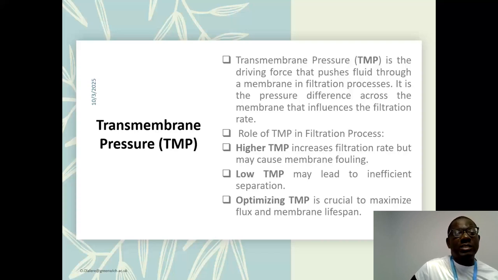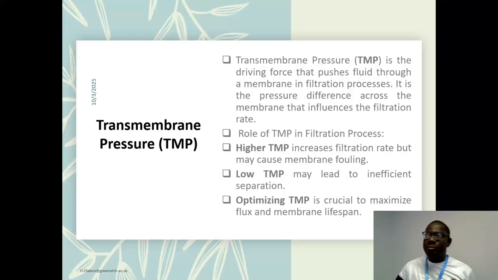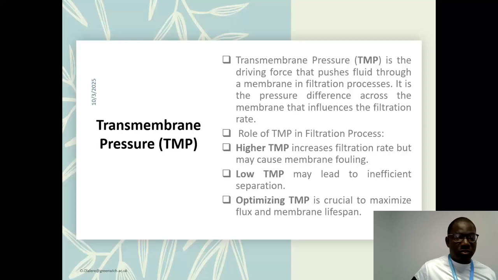We mentioned that transmembrane pressure, when it is low, can actually affect the rate at which the fluid passes through the filter. So transmembrane pressure is the driving force that pushes fluid through a membrane in a filtration process. This is the pressure difference across the membrane that influences the filtration rate.